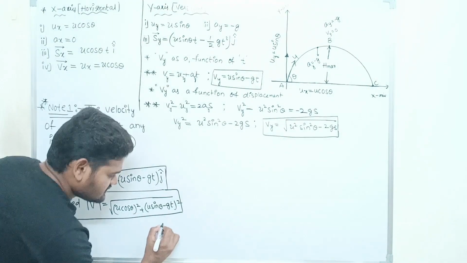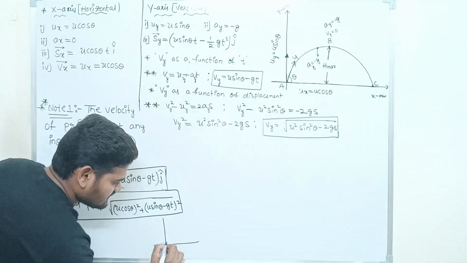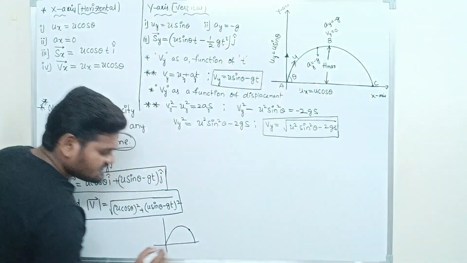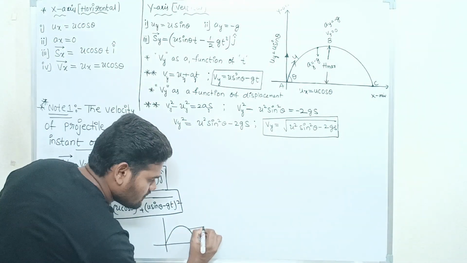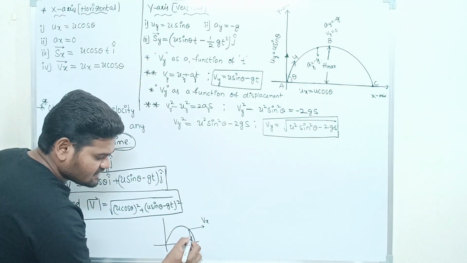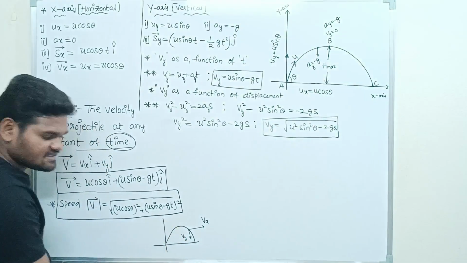Okay, right. So in the case of a projectile body, at any particular instant of time, the object is at this point. At this point, the component of velocity along the x direction is in this direction, and the velocity component in the y direction is in this direction.